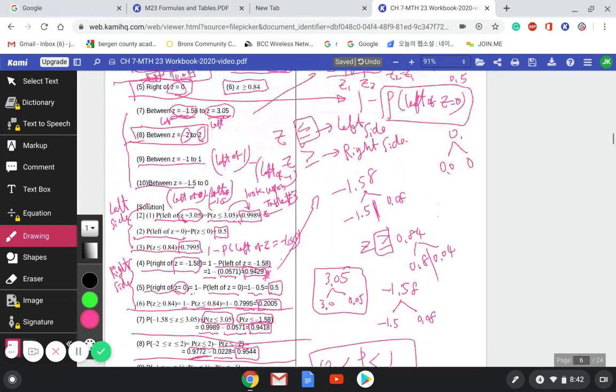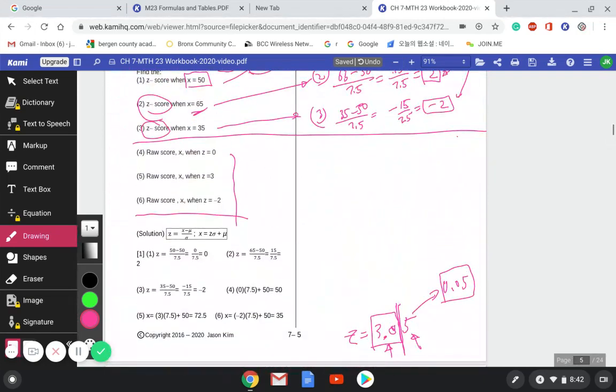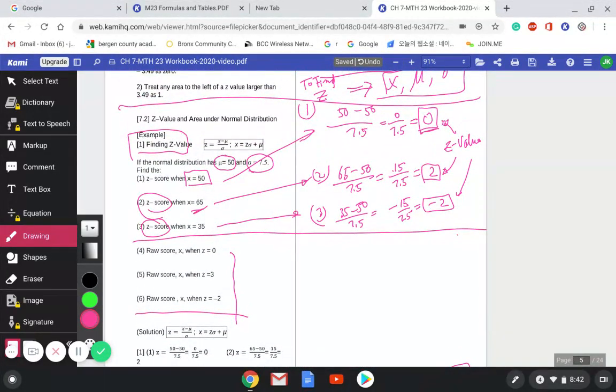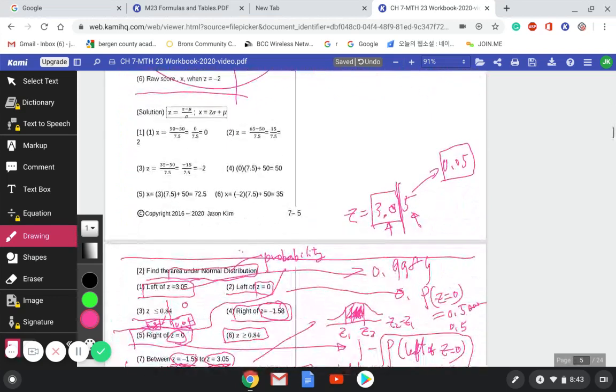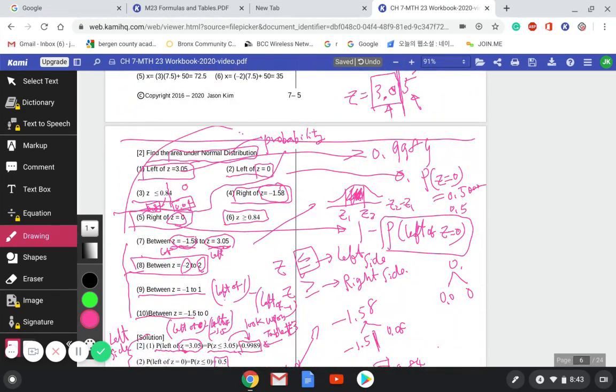Okay, so example 1 was about finding the z value from x, and example 2 was about finding the probability from the z value.